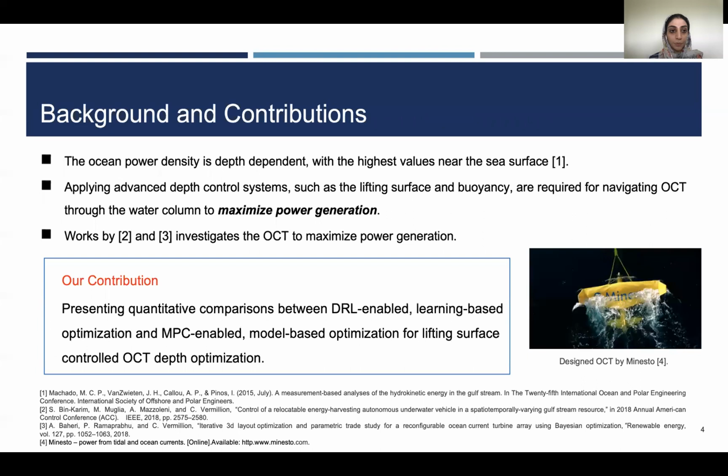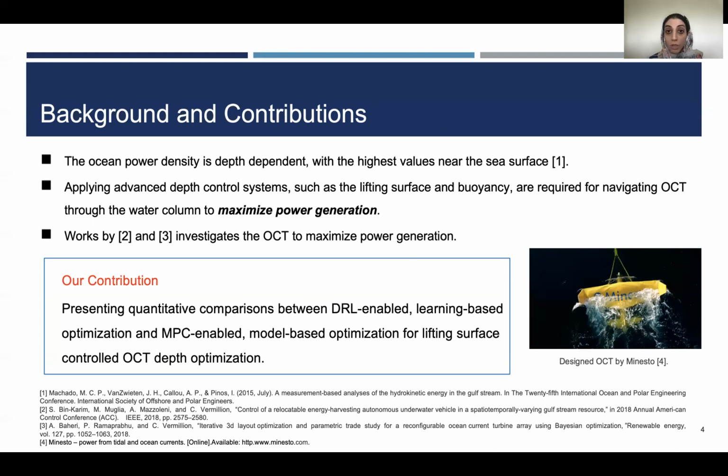from our group. The ocean power density is depth dependent with the highest values near the sea surface. So it's very important to use technologies such as lifting surface and buoyancy to navigate the ocean current turbine system through the water column and maximize the harnessed power from this system.